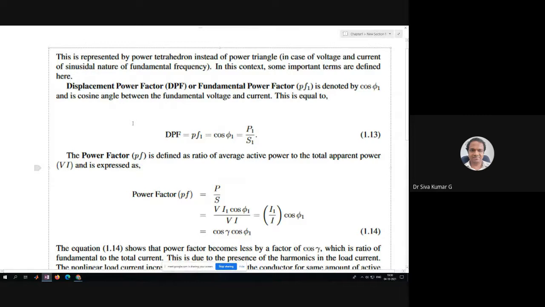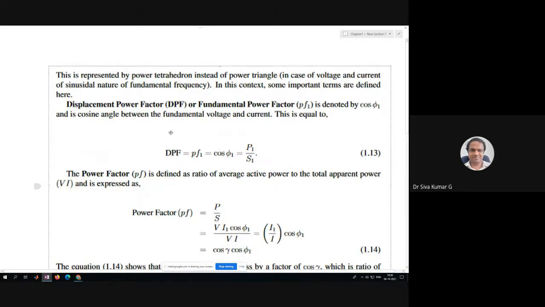After looking at the apparent power, P, Q, and the harmonic power: earlier, the power triangle was something like this, with P, Q and S. Now S is equal to the square root of P square plus Q square plus H square.